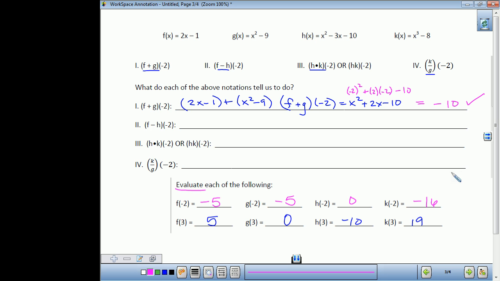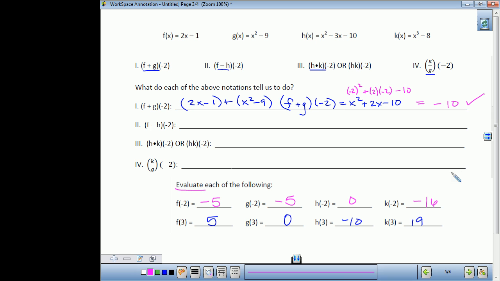How about this? You watch, and then I can print the notes out for you. Okay? Alright, so f of x was 2x minus 1, and g of x is x squared minus 9. So this says to add them. So we added the like terms, and we got this.